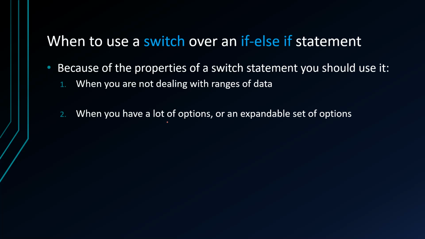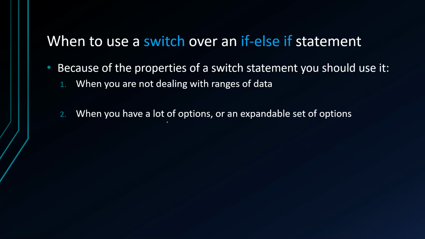All right, and when you have a lot of options, the reason you're doing this is because of that direct instantaneous access. So if you have 1,000 options, it's just as fast as if you had one option. Whereas with an if-else if statement, if you had 1,000 options, it all depends on where the testing data you're looking for lies. The worst case scenario is that it's not there at all and it has to go to the else case and check through all of them to get there.